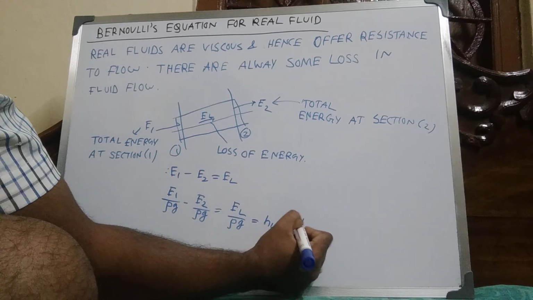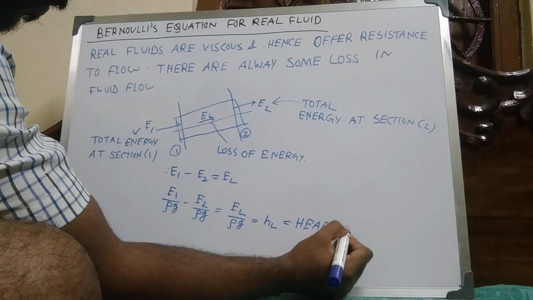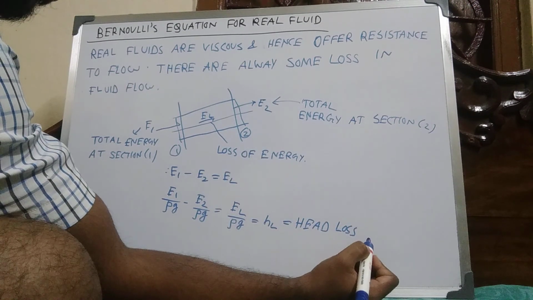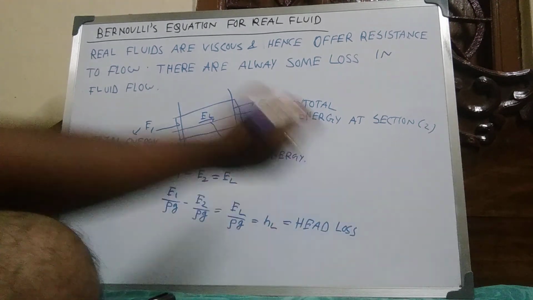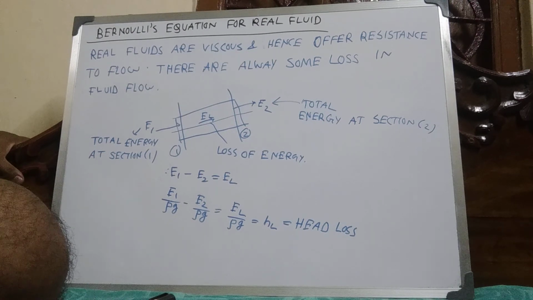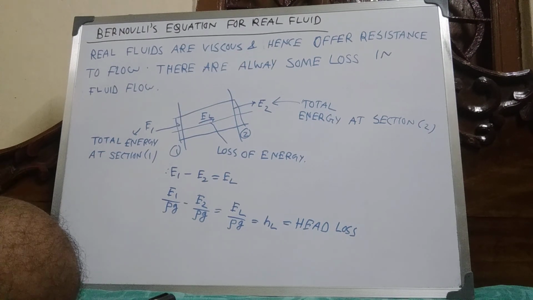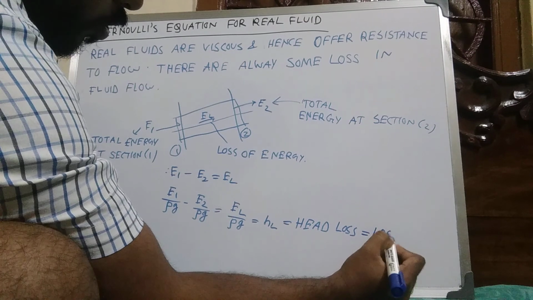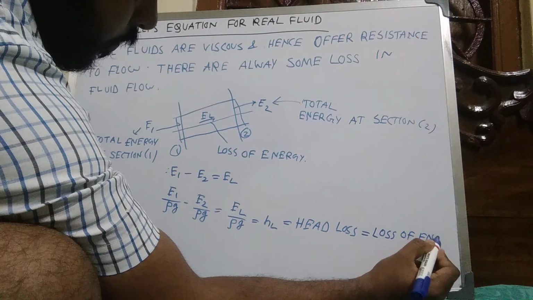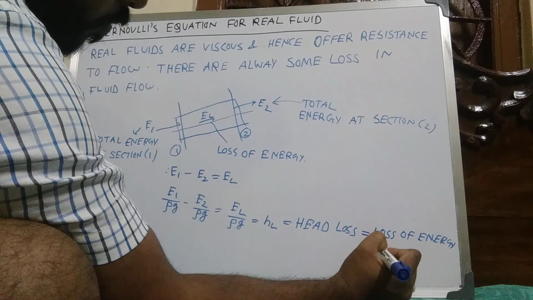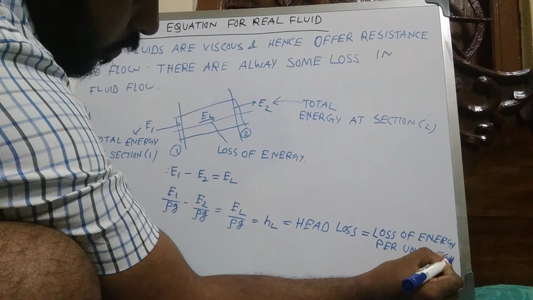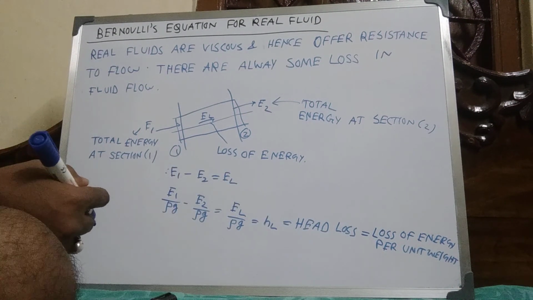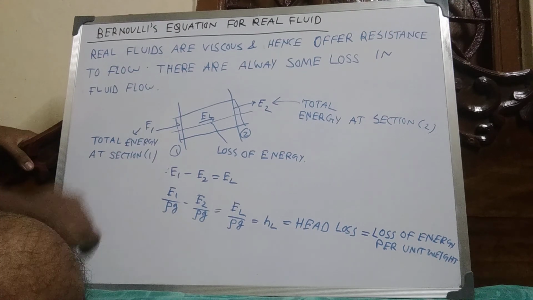This is the head loss, or loss of energy per unit weight. Rho g means weight density.